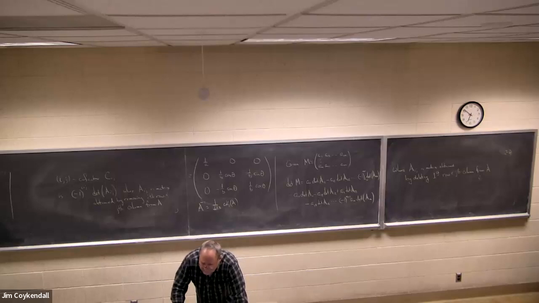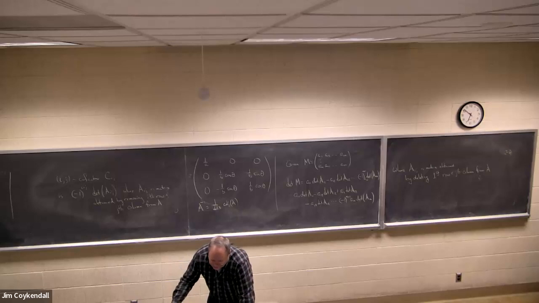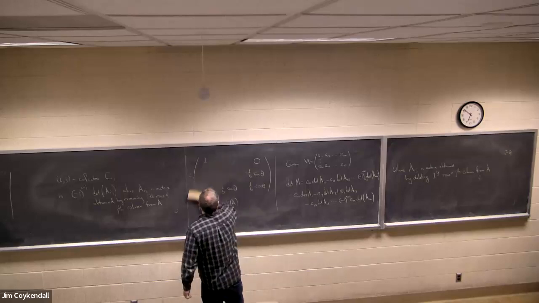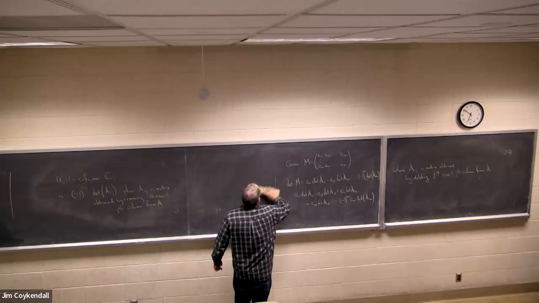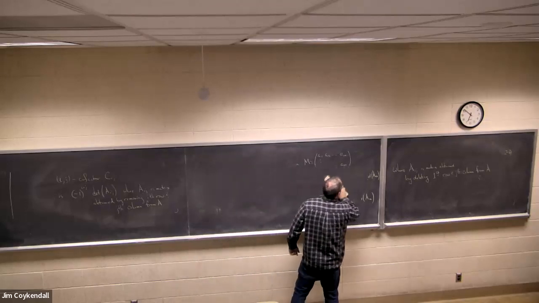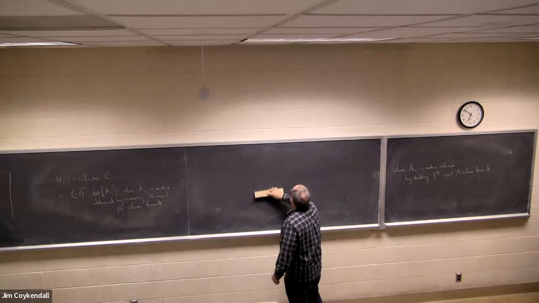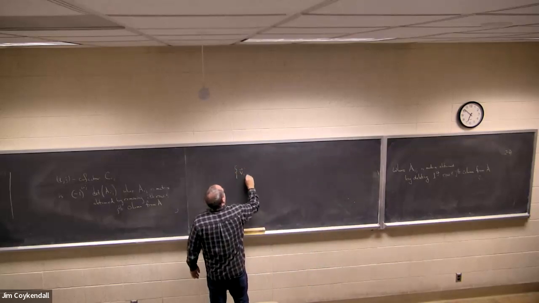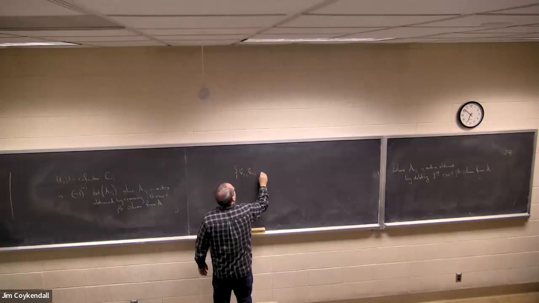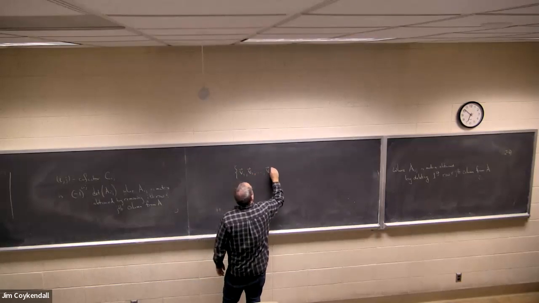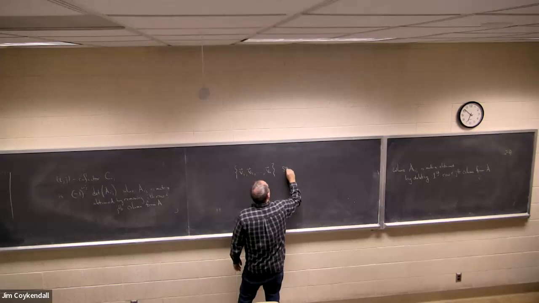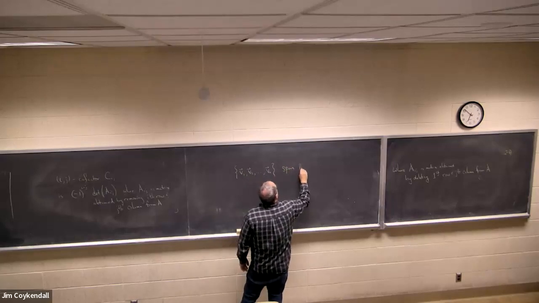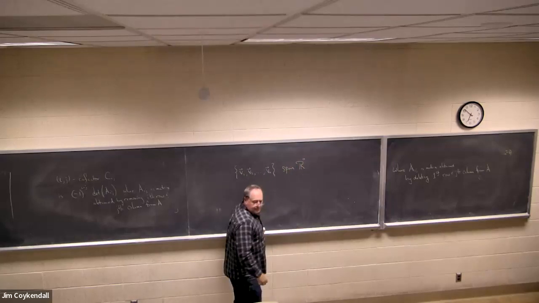Example 2 from the 18 part C. Okay, so you have B1 up to BK spanning Rn.